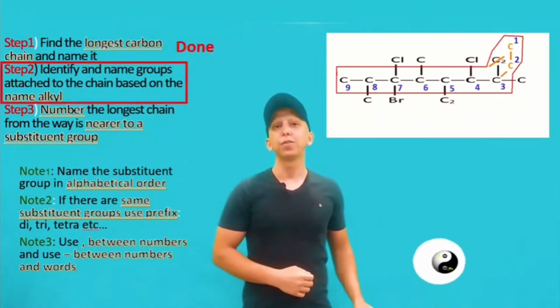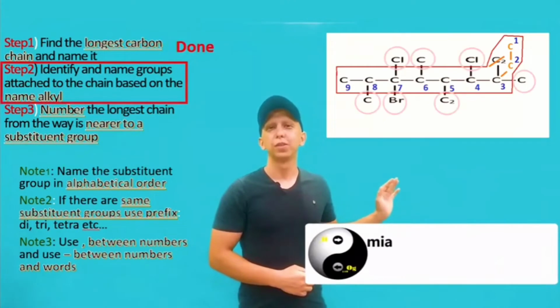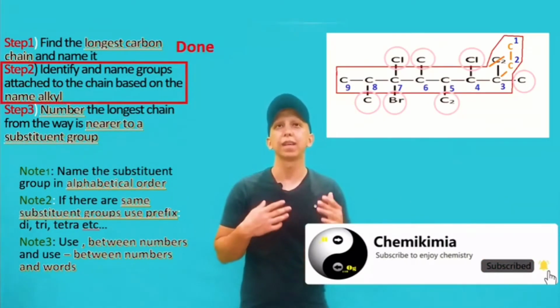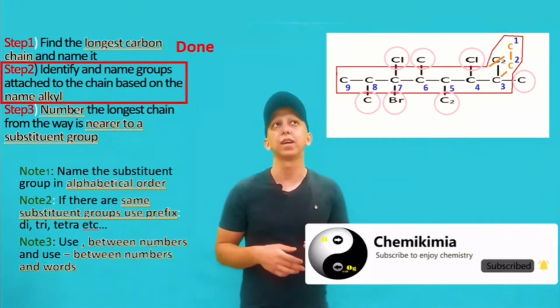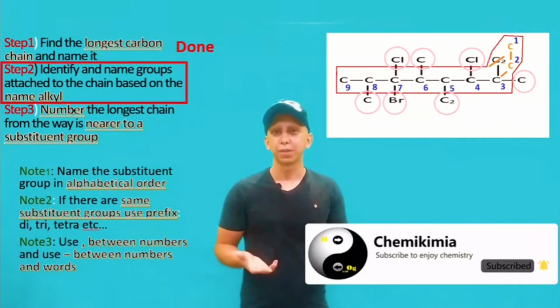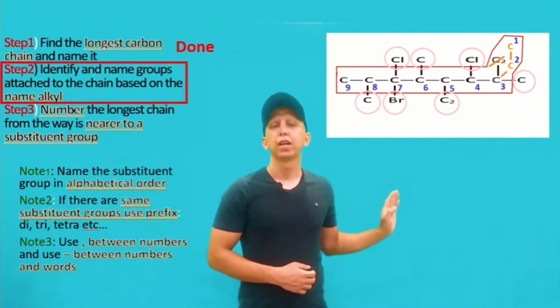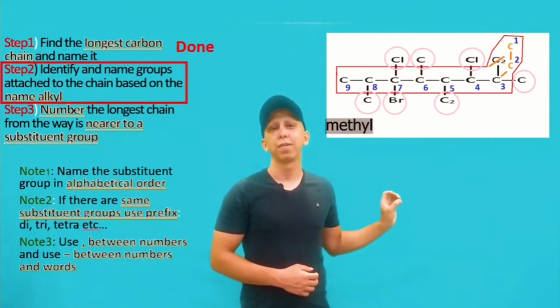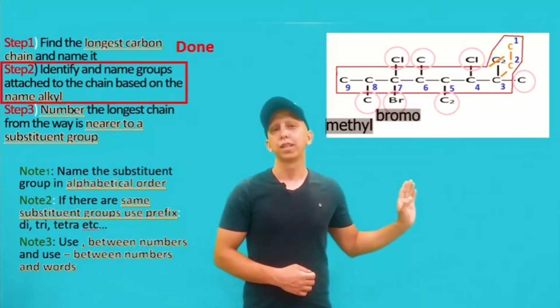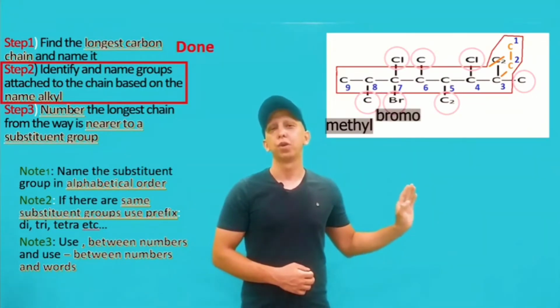In step 2, we have to name the substituent groups, and we know that any group, element, and material that is not in our base carbon chain is a substituent group. We face a carbon down here, and we know the name of one carbon based on alkyl is methyl. Then we will see a Br that we know the name of Br is bromo.